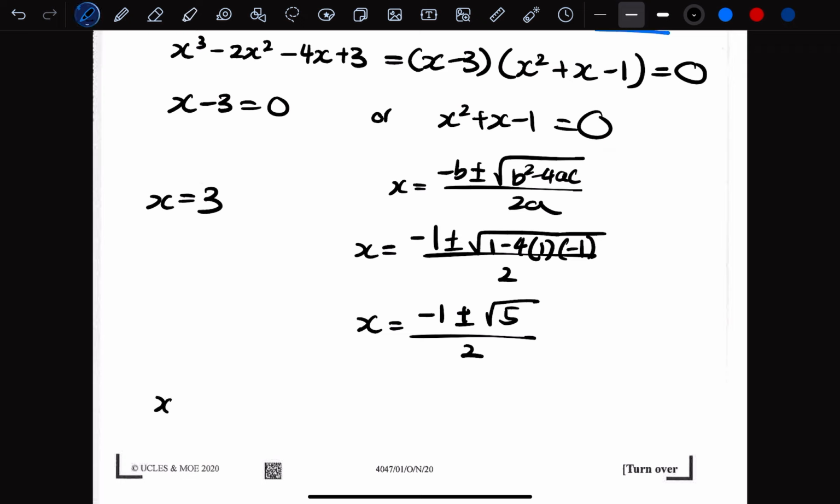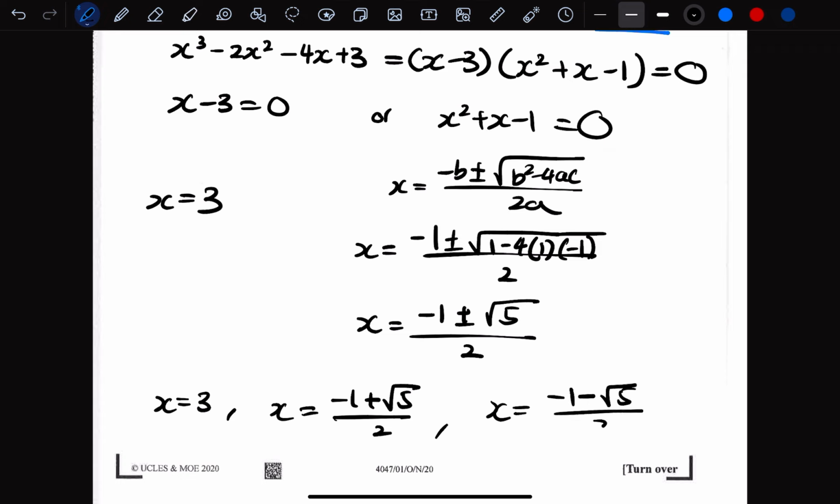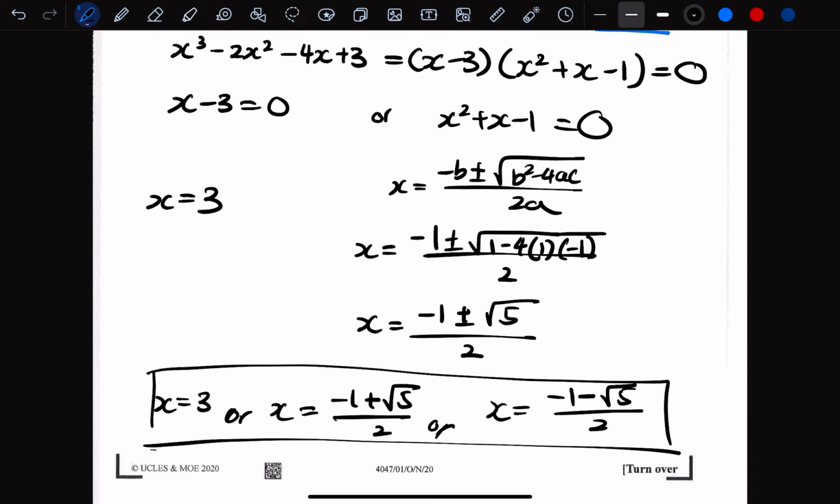In other words, you will need to represent it as x equals 3, or x equals negative 1 plus root 5 over 2, or x equals negative 1 minus root 5 over 2. Sorry, in between each of these is 'or'. Okay, so this is your final answer for this question.